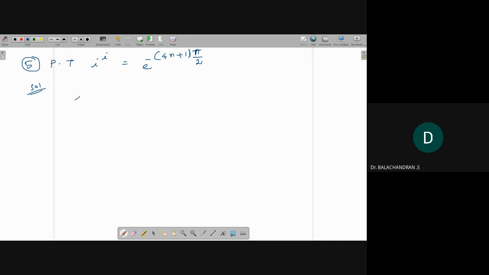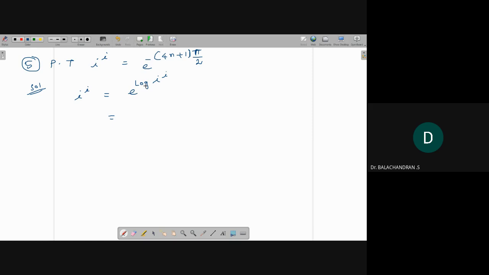Okay, i power i. So i power i is equal to, you can write, e power log i power i, because I am considering the general value here with n.